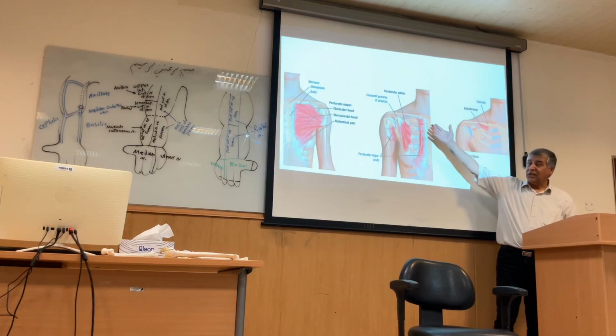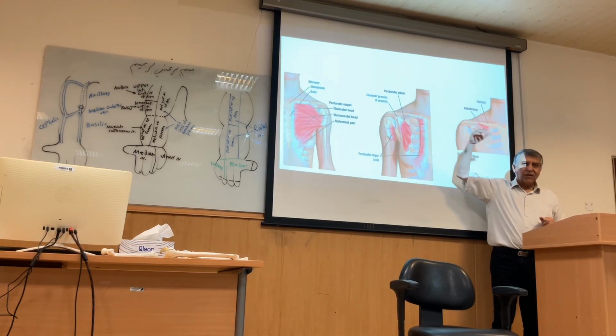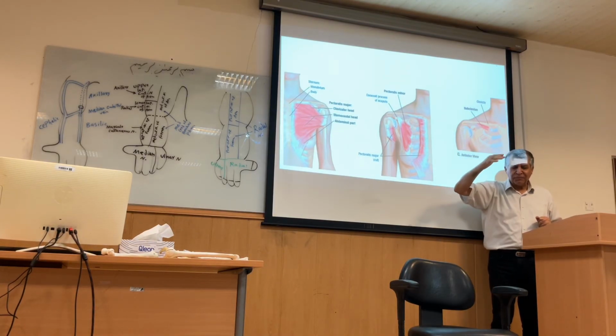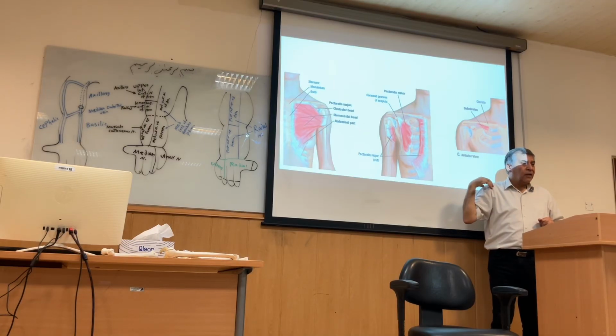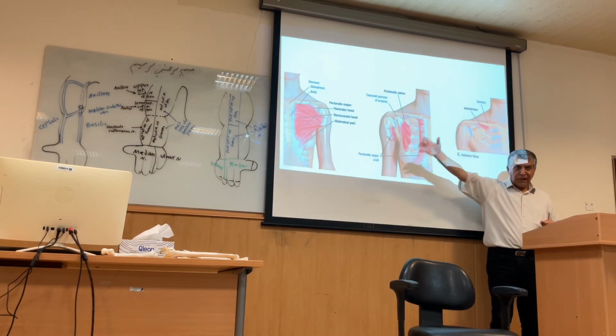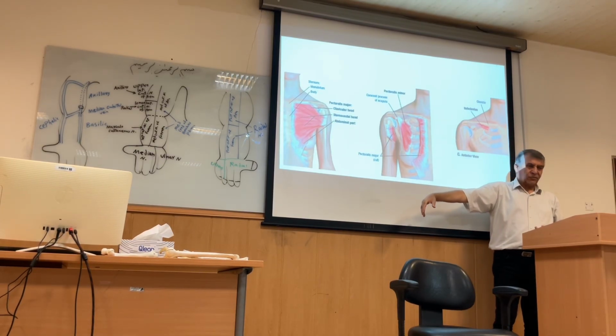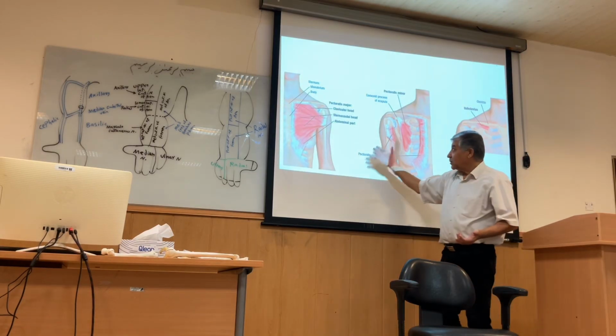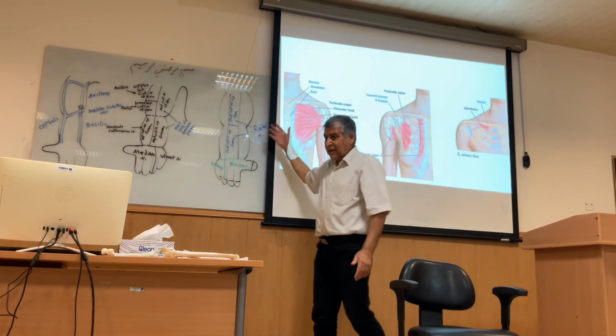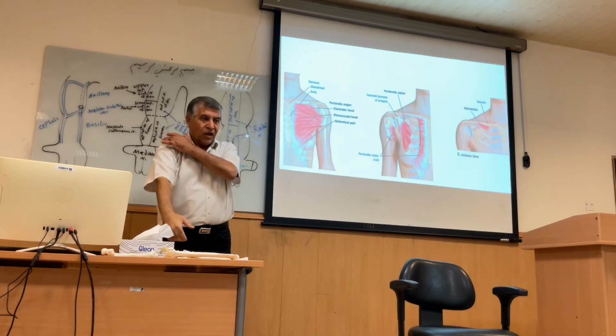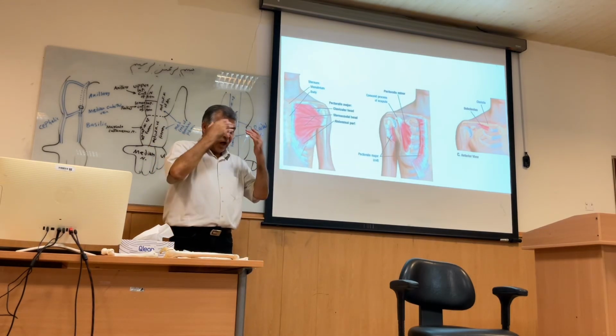Today we study the shoulder-girdle muscles. Shoulder-girdle muscles connect the upper limb to the axial skeleton. Okay?